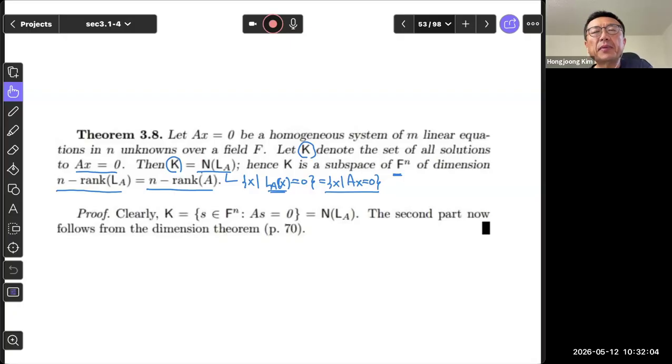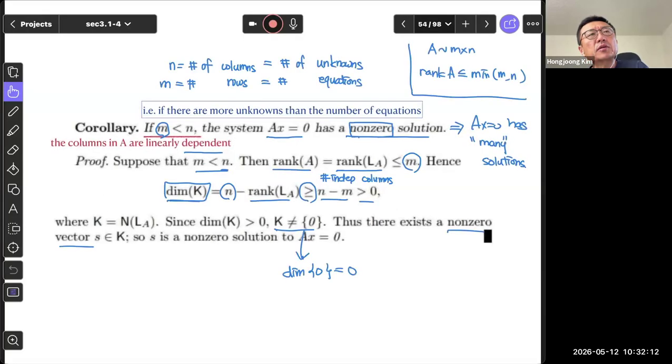And here the rank may be obtained from the matrix or the left multiplication operator. So if given an m by n matrix, if m, the number of equations, is less than the number of variables, unknowns, n, then Ax = 0 must have a non-zero solution.